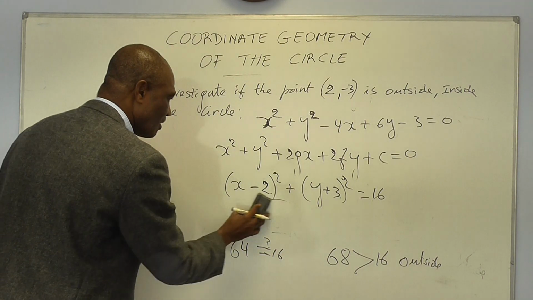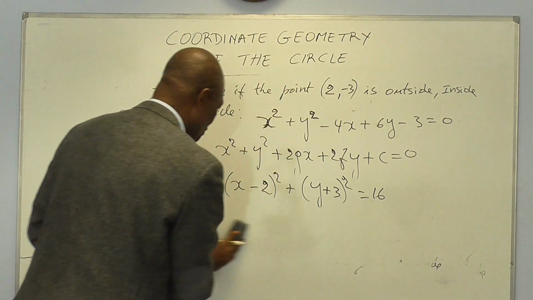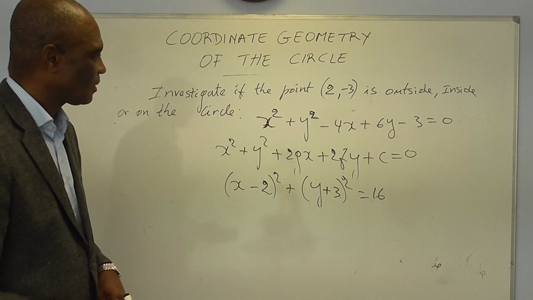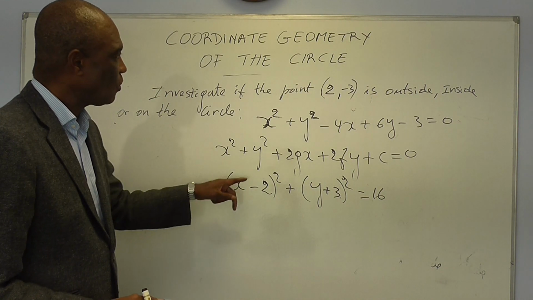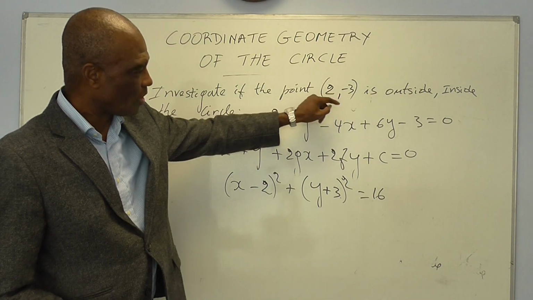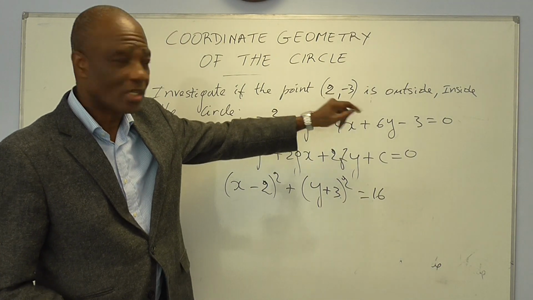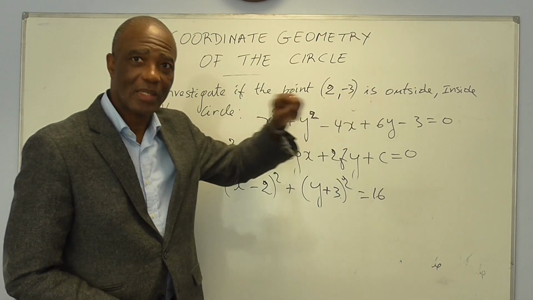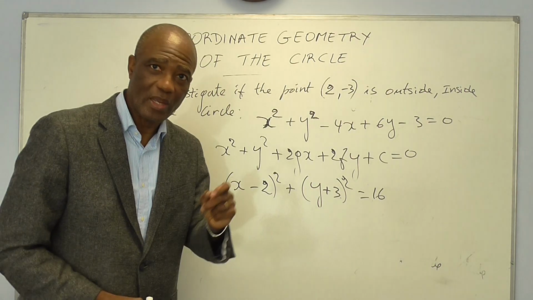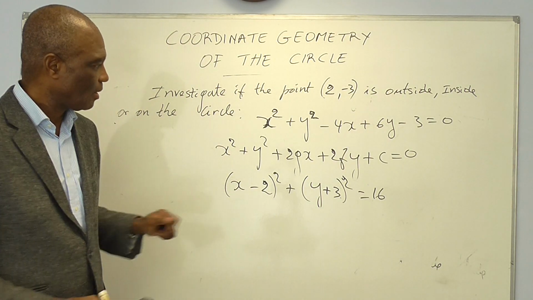We need to check if the point of coordinate 2 and minus 3 is outside, inside, or on the circle. Okay? We are going to test it.